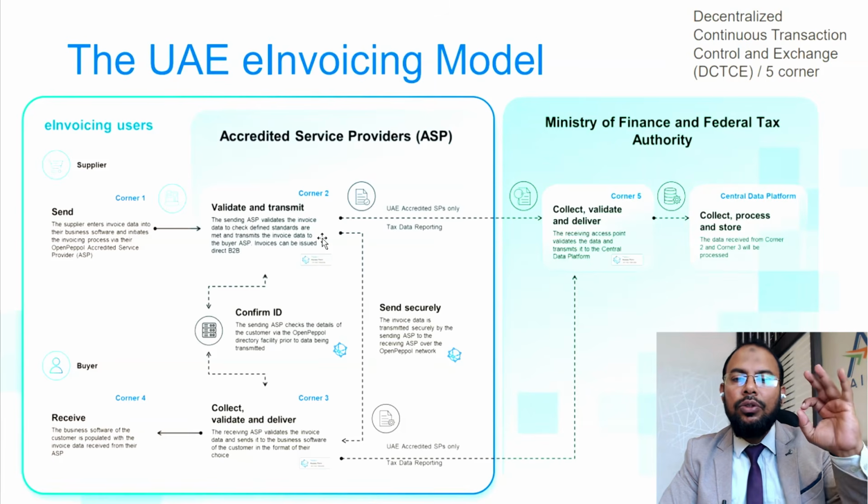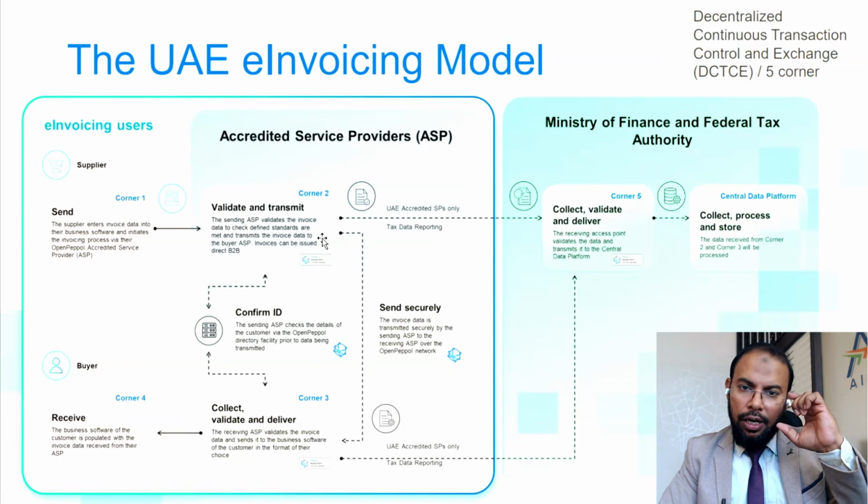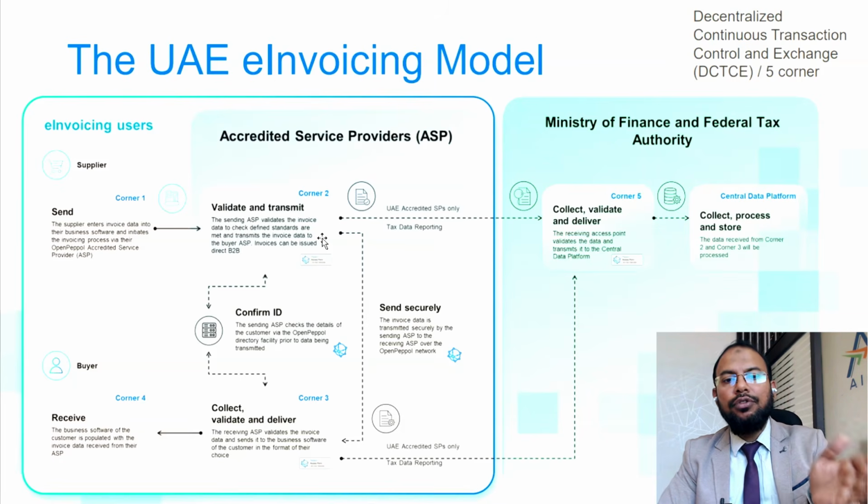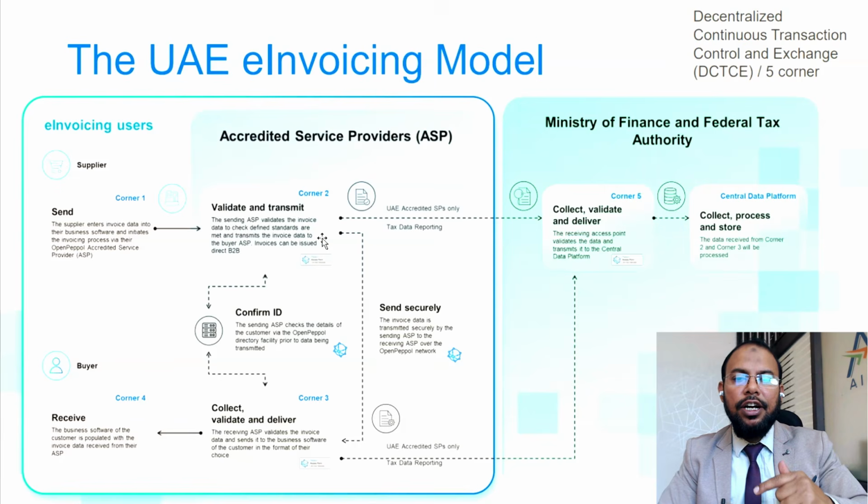Accordingly, you need to select the same ASP for receiving data and for sending data. If you are a seller, you have to send data to your ASP. If you are a buyer, on your behalf your ASP will receive data from the seller's ASP.